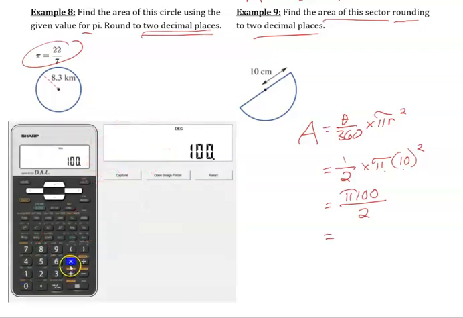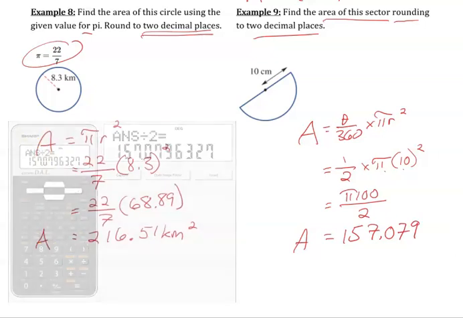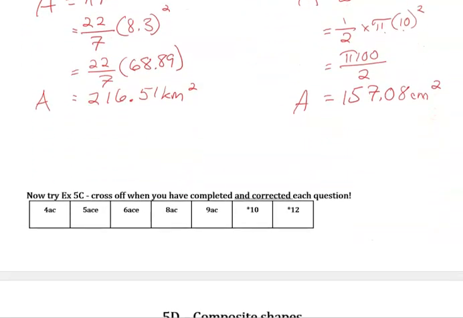So 100 times pi equals, and I leave that big long number in there, and I divide that by 2, and so our area is equal to 157.079 onward, but I'm going to round to 2 decimal places. Because this critical digit is 5 or bigger, I'm going to round that 7 up to an 8. My units are centimeters, and because it's area, they're going to be square centimeters.